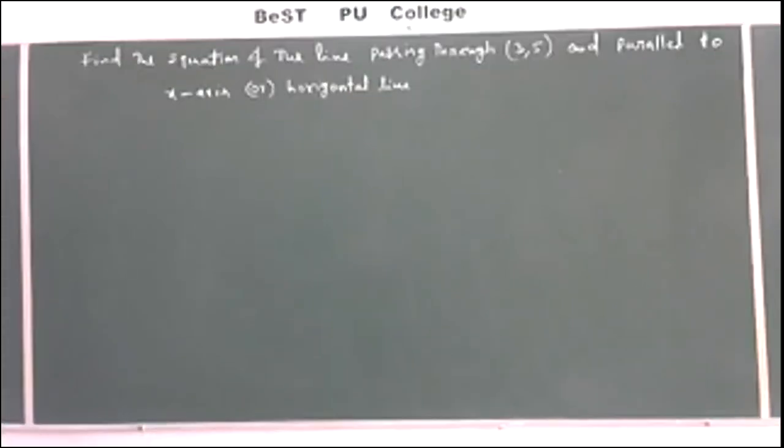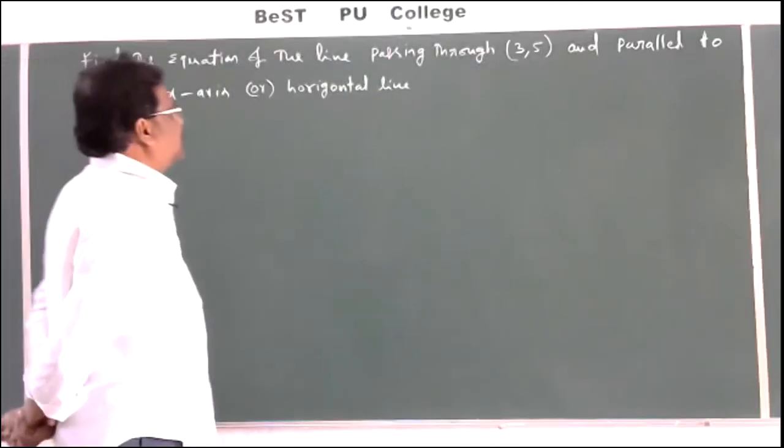Find the equation of the line passing through (3, 5) and parallel to the x-axis.